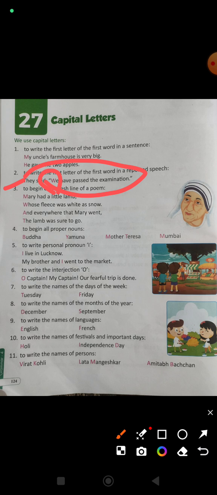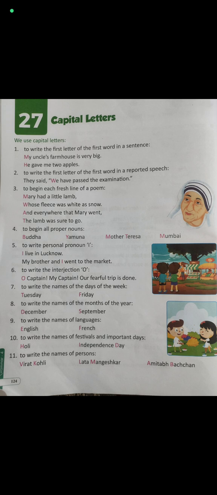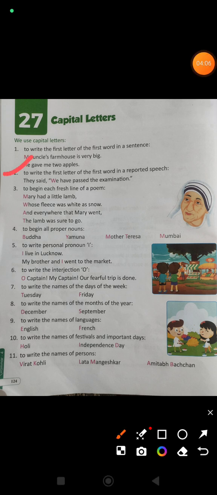So the second rule is always write the first letter capital of the first word in a reported speech. So I hope these two rules are clear to you. First one is always write the first letter of the first word in a sentence capital, and the second rule is the first letter of the first word in a reported speech should be capital.